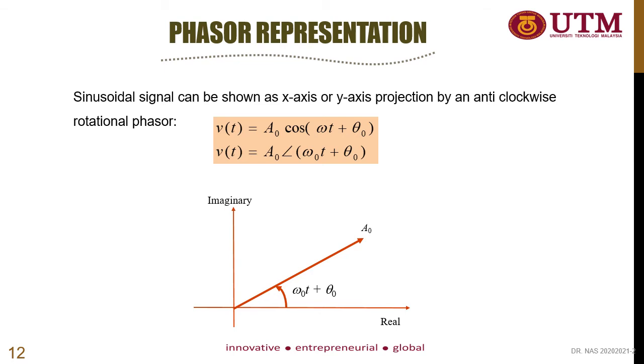Okay, this is the first representation of the trigonometric equation, in which we have the imaginary and real part, and the direction of the angle is anti-clockwise for positive phase value, while if you have negative phase, the lines will be pointing downwards.